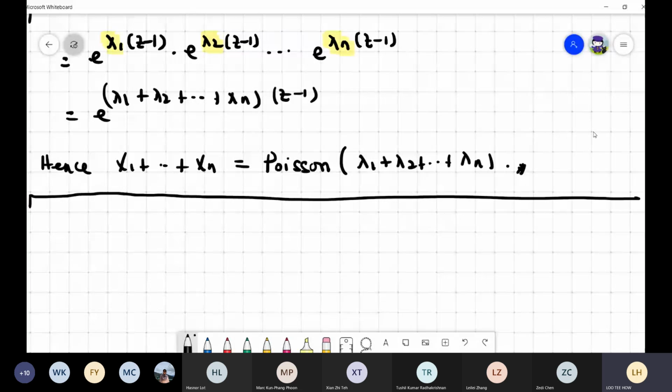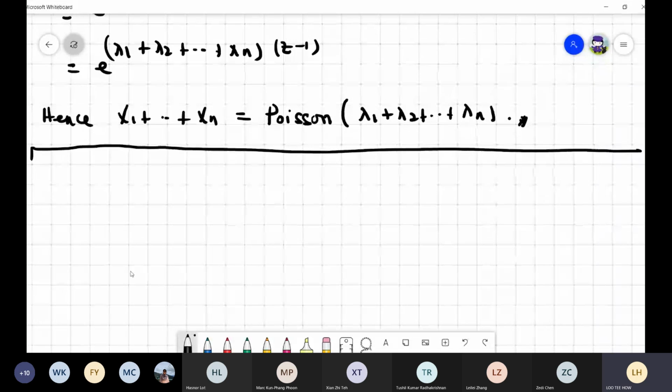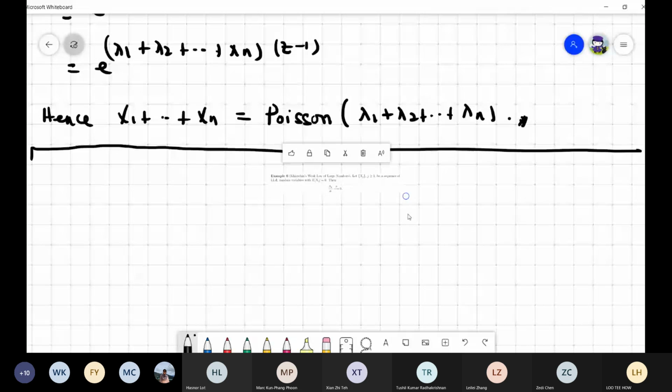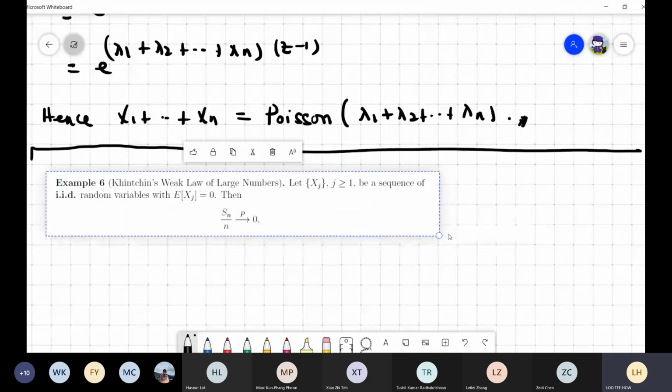So next, we look at another application. Okay, I put it as an example.